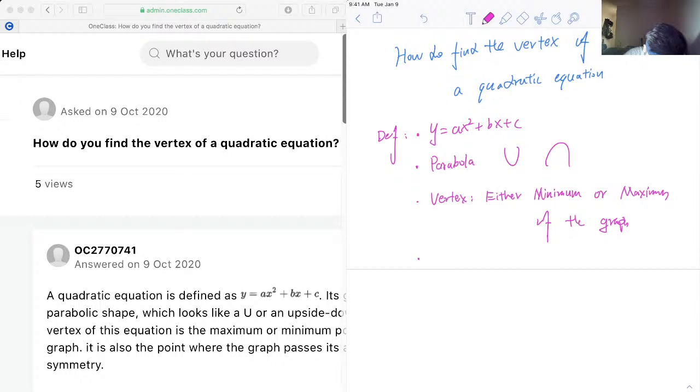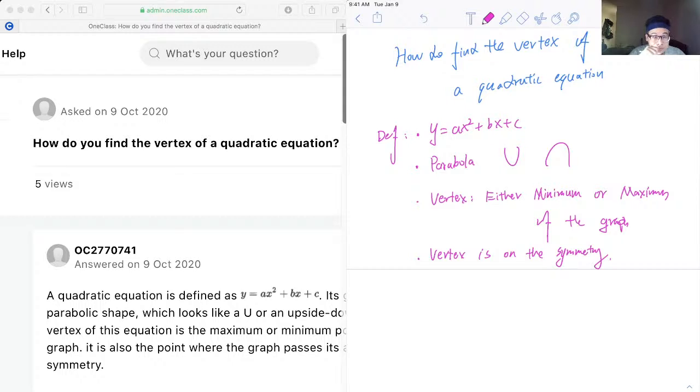So the vertex is on the axis of symmetry. Okay, so that's some important identity of a quadratic equation.